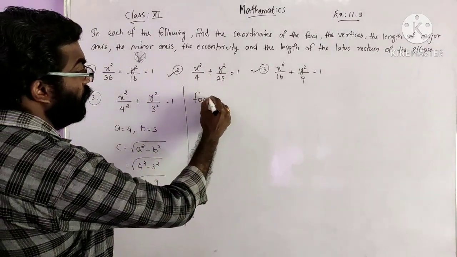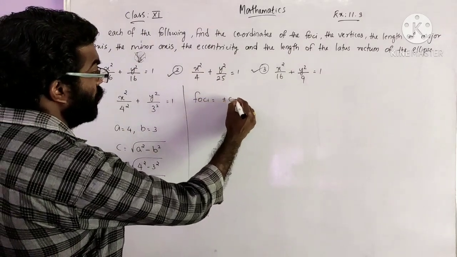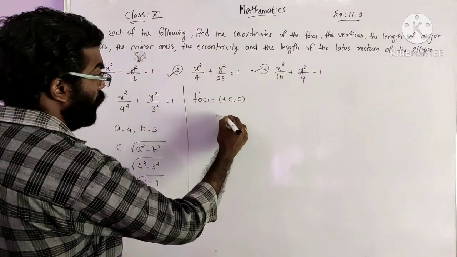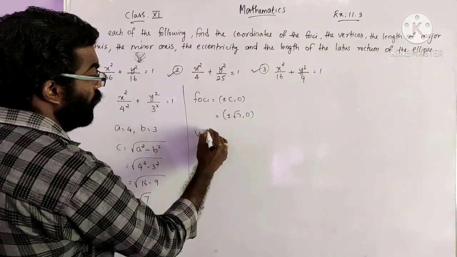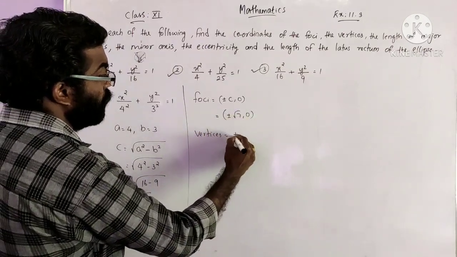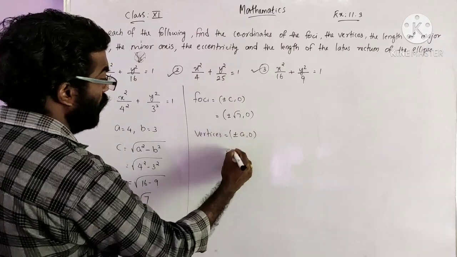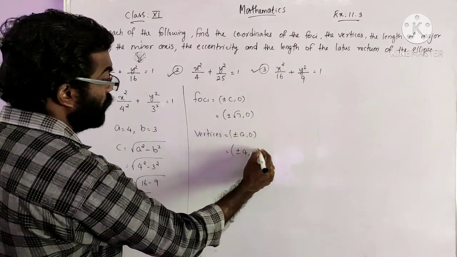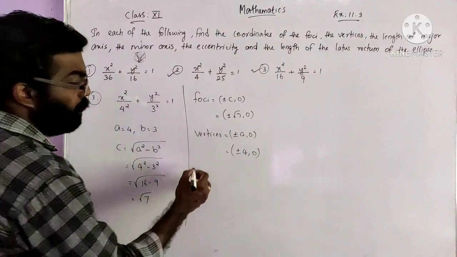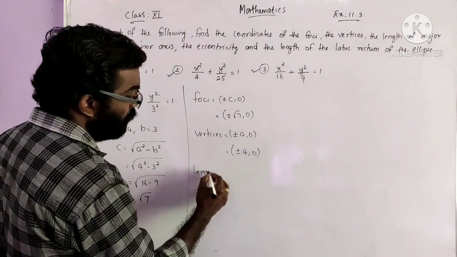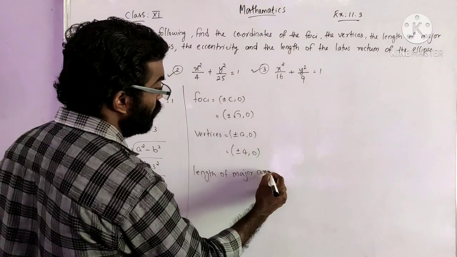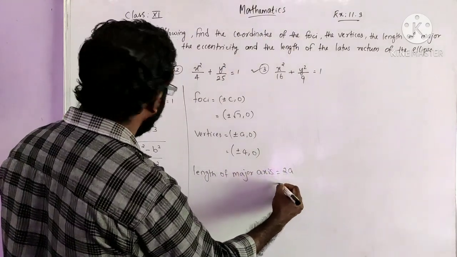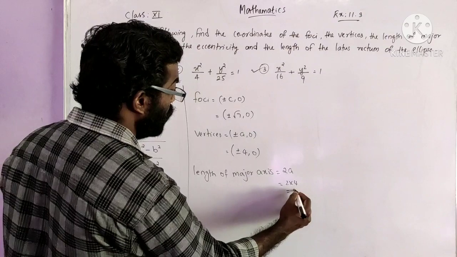Then coordinates of the foci, plus or minus c comma 0. Here it is plus or minus root 7 comma 0. Then coordinates of the vertices, plus or minus a comma 0. Here it is plus or minus 4 comma 0. Then length of major axis is equal to 2a, 2 into 4, 8.